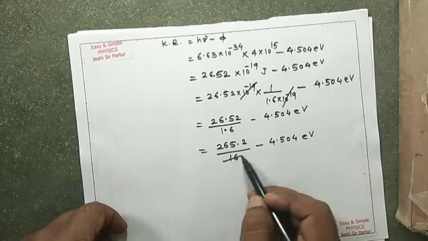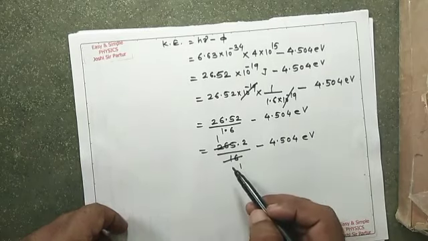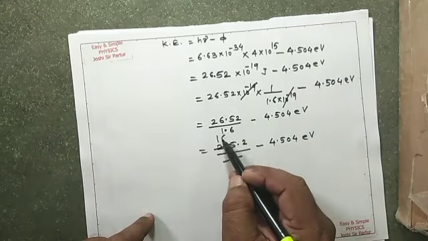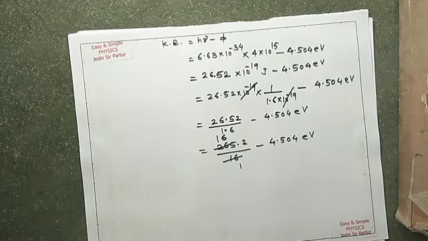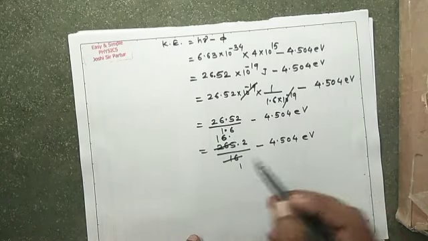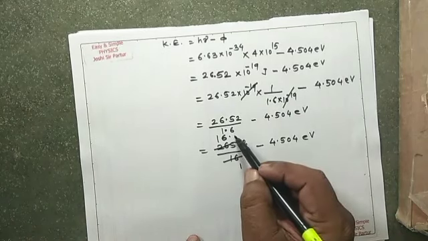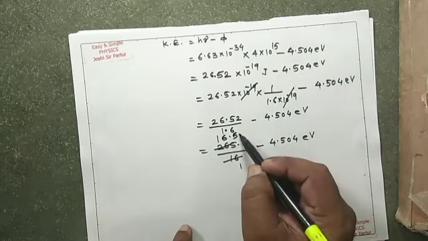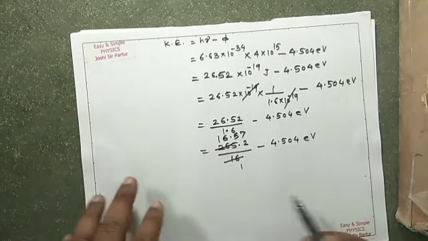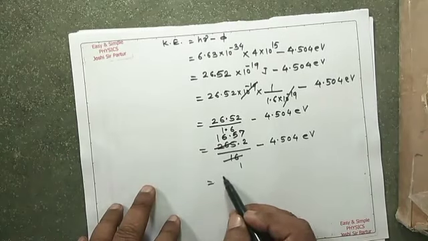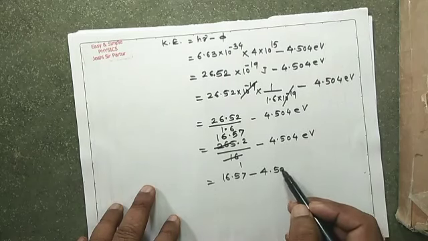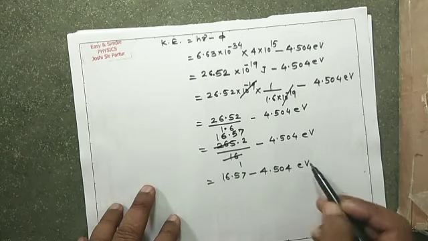16 1s are 16, 16 1s are 16, 10 will be remaining, it is 105. 16 6s are 96, so 9 will be remaining, so 92 is there. 16 5s are 80, 120 is there, 16 7s are 112, that is 16.57 minus 4.504 electron volt.